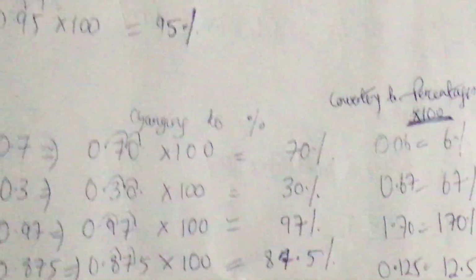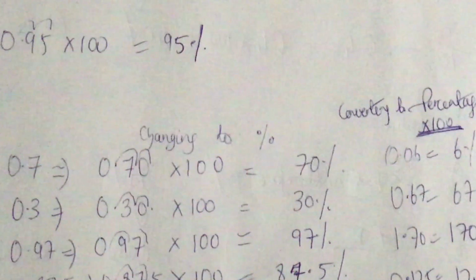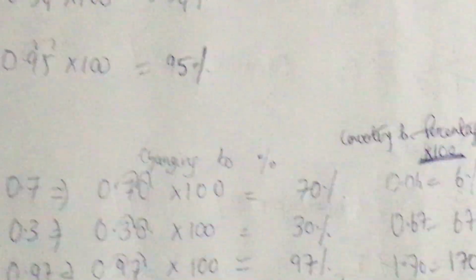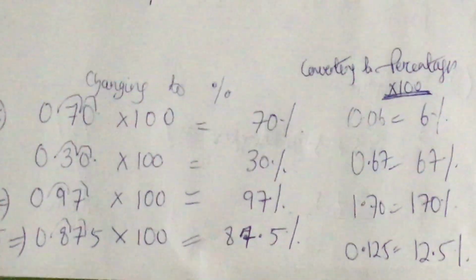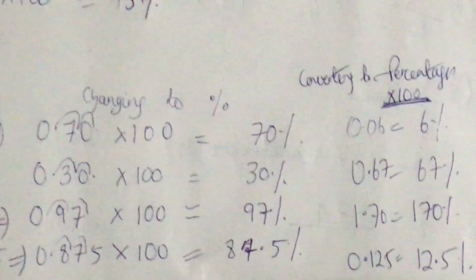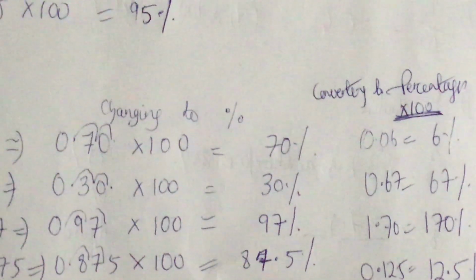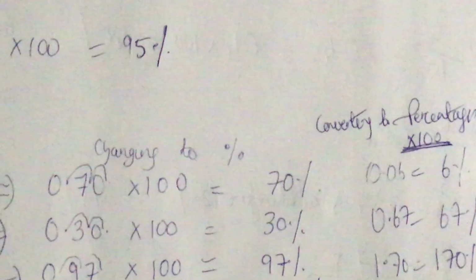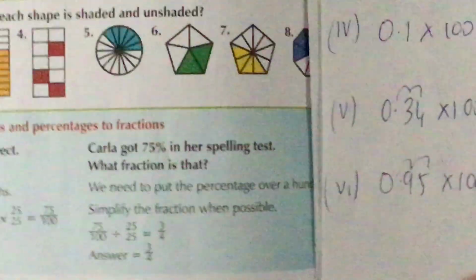If you get one whole thing right, you get 100%. So 1 is equal to 100%, 2 is equal to 200%, 3 is equal to 300%, and so forth. Now 0.125, 2 places to the right, the decimal point will now be between the numbers 2 and 5, so it's 12.5%. So they're QED.